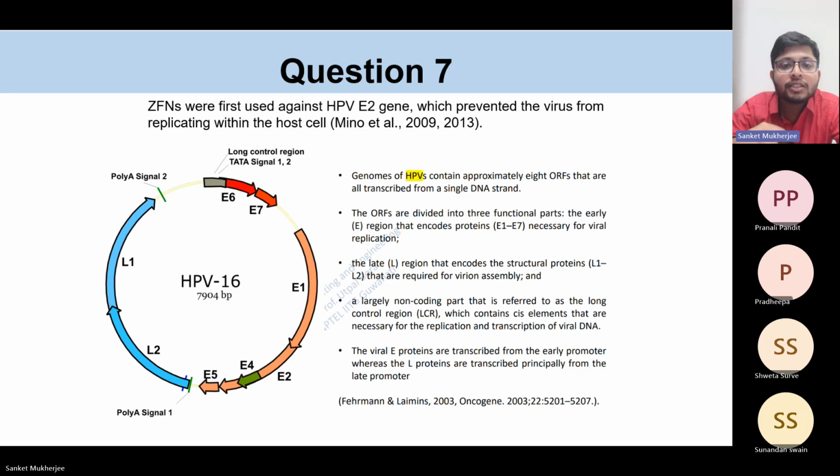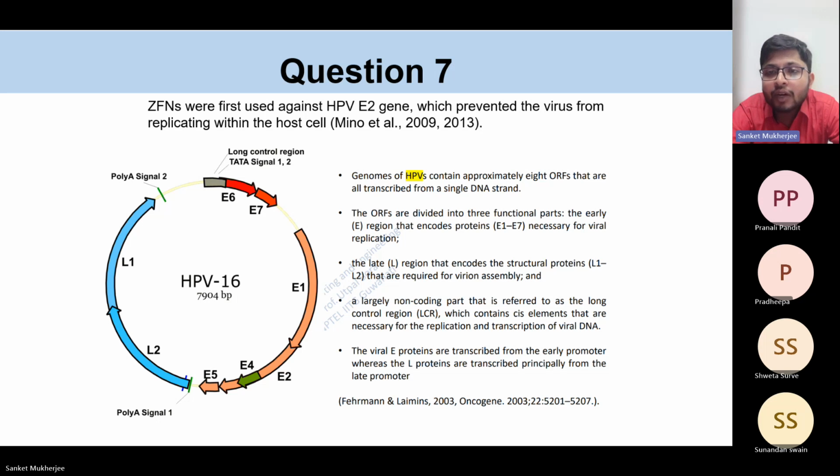You are right. The HPV E2 gene was the one where ZFNs were first used, which prevented the virus from replicating within the host cell. It was discovered by Mino and group in 2009 initially. This is how the genome of HPV looks. It has E1, E2, E4, E5, all these genes.